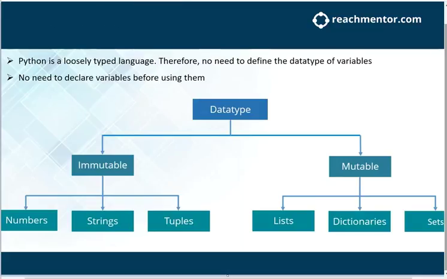Data types are classified into two types, that is immutable and mutable. It means not changeable and changeable. Immutable types are of three kinds: numbers, strings and tuples. Integer, float and complex come under the category of numbers, and strings, which are enclosed within double quotation or single quotation marks, come under the category of strings.